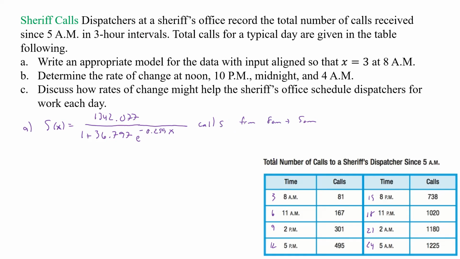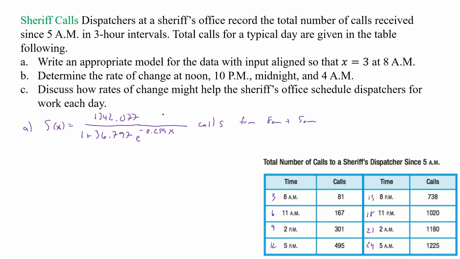Now, the next one says we need to determine the rate of change at noon, 10 p.m., midnight, and 4 a.m. Well, before we do that, we have to find the derivative. So this whole thing can go up to the top and be a -1.